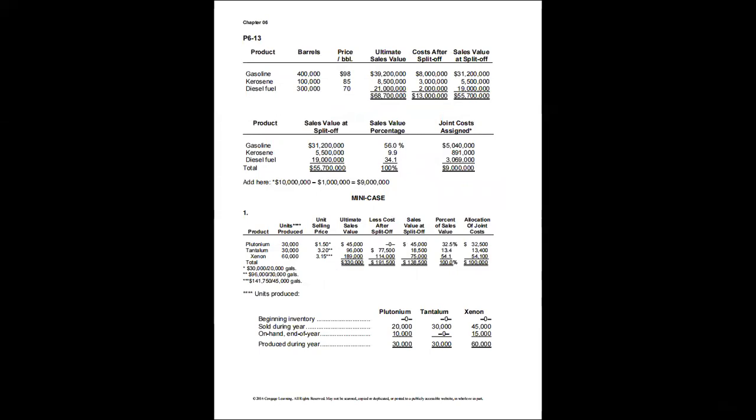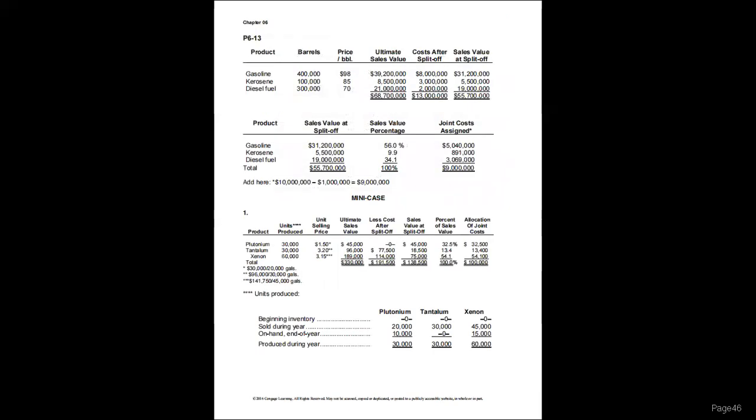Now the last problem here is 6-13. We have the joint cost allocation with cost after split off and byproduct revenue.